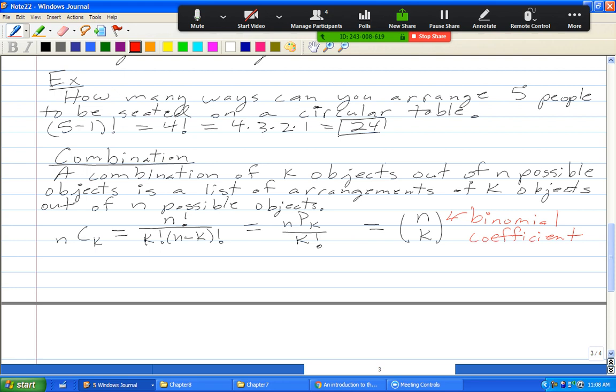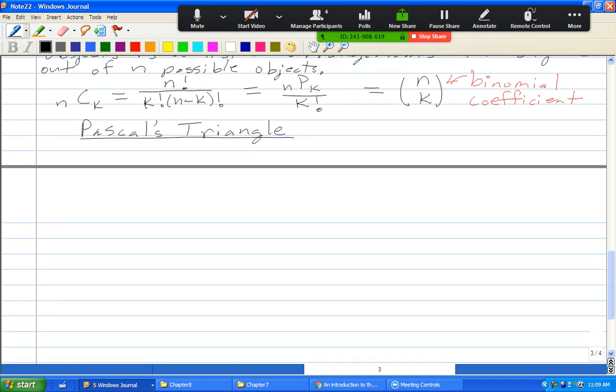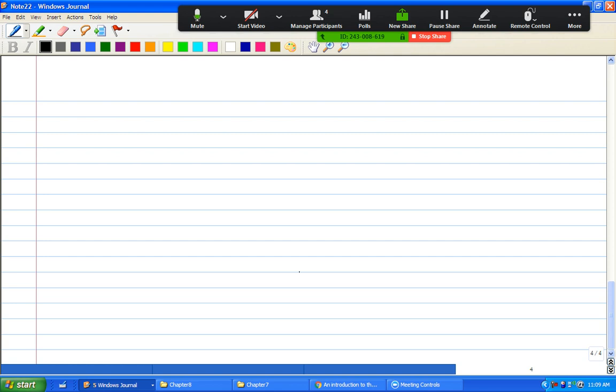Okay, so Pascal's triangle. To create Pascal's triangle, let's do the following. We start here with a 1. Try to be symmetric. Let's drop down my 1. 1 plus 1 is 2.